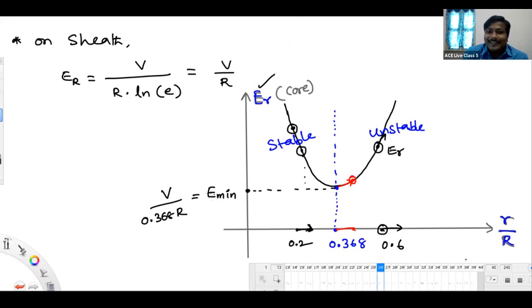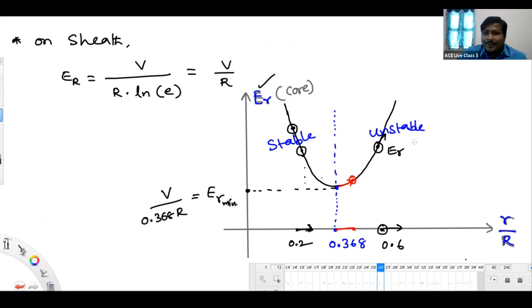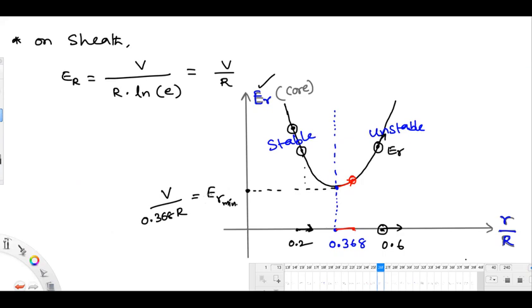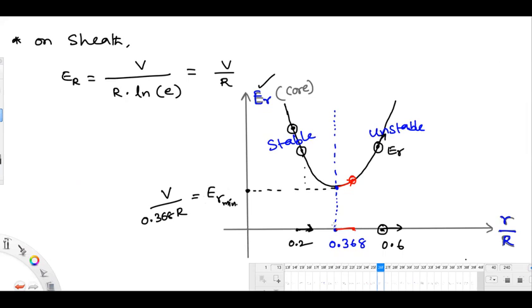E smaller minimum value. All the curve represents E smaller only. This is the lowest value of E smaller, and that is coming for this dimension of small r by capital R equals 0.368. Okay, sir.